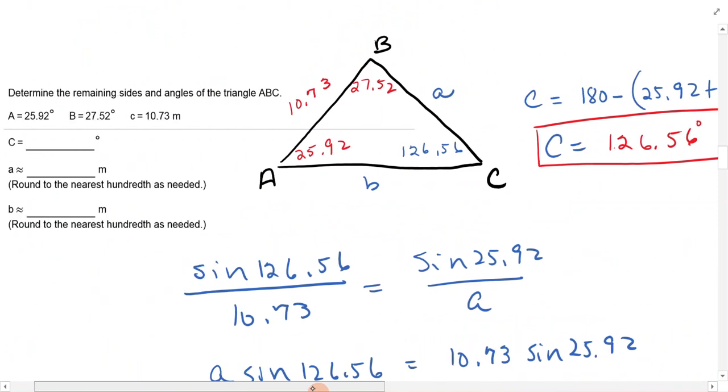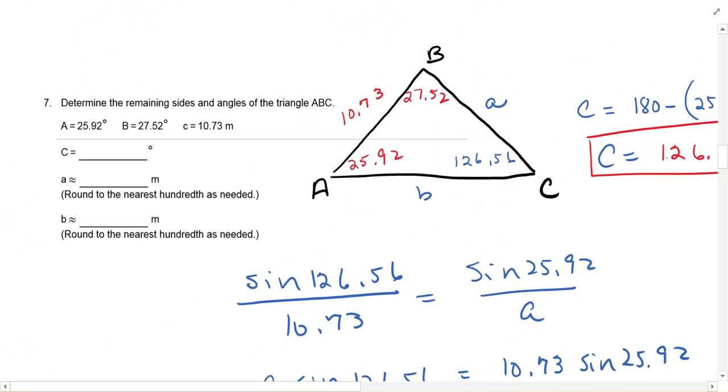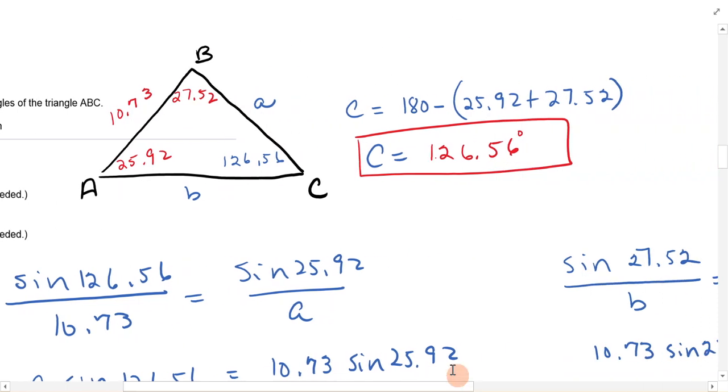Let's see what 8 is. 8, same thing. They did not give us a picture, so you want to be sure and draw your picture. I usually just draw, doesn't matter where you put A, B, C, but they gave me the things in red. And then I need to find side A, side B, and angle C. Angle C is the easiest, 180 minus the sum of those.